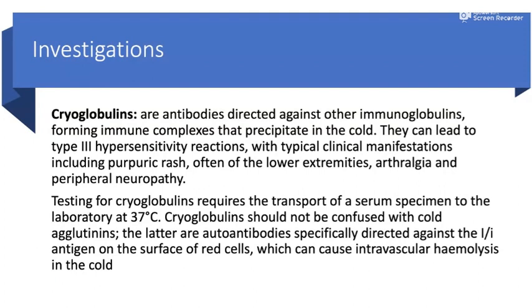Testing of cryoglobulins requires the transport of the serum specimen to the lab at 37 degrees. ليش؟ لأنه if we transferred it at a lower temperature, it will precipitate and we cannot detect it further in the serum.